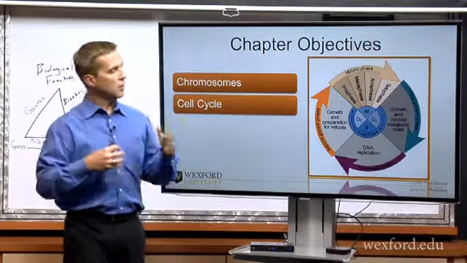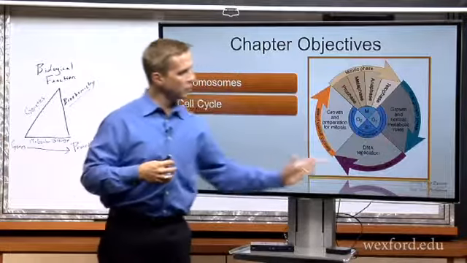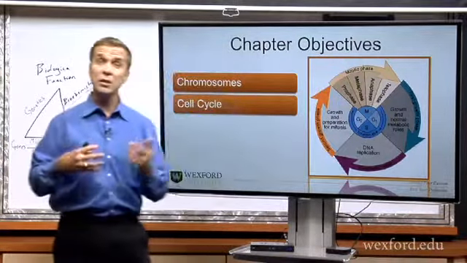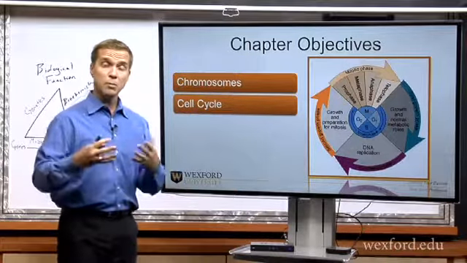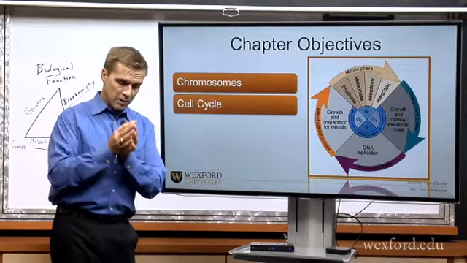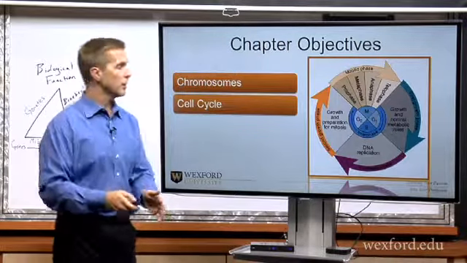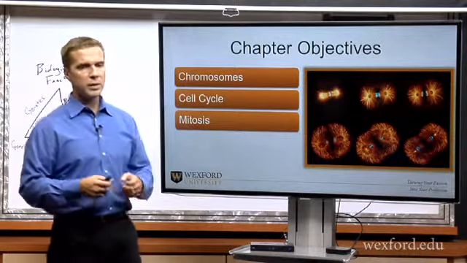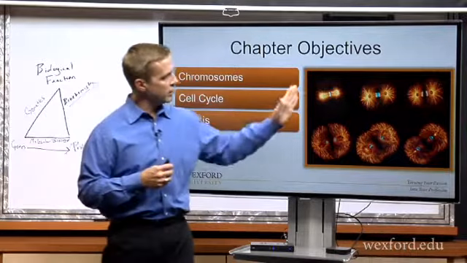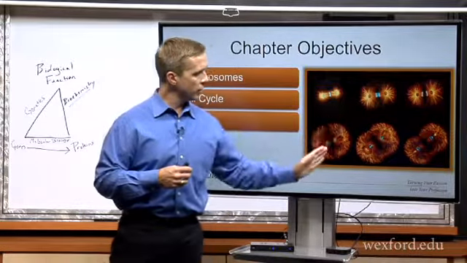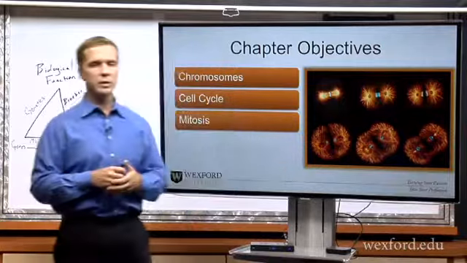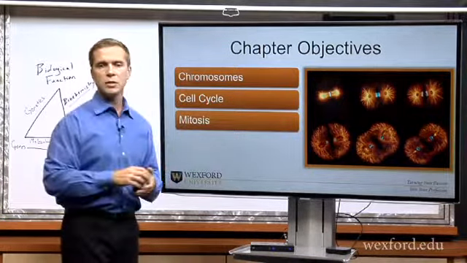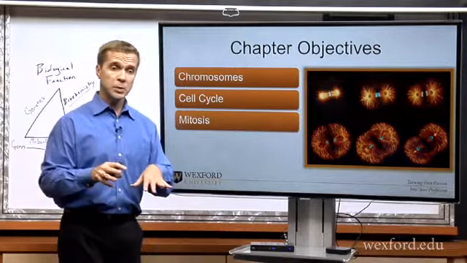We're going to look at this whole cycle, including little checkpoints along the way to make sure the cell is getting everything right when it comes to reproducing itself into genetically identical daughter cells. So once again, we're going to be able to break down each of the events within mitosis. And you should be able to understand and define each of the stages by the end of this module.